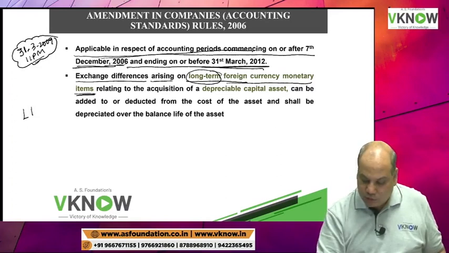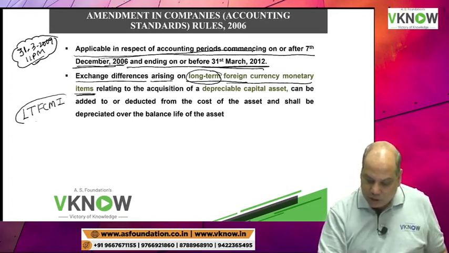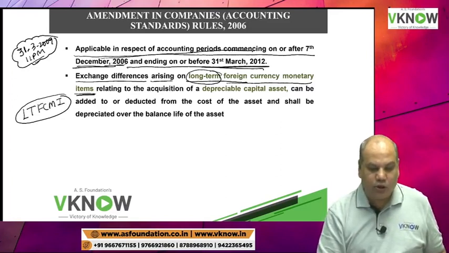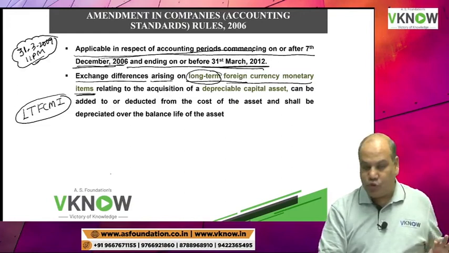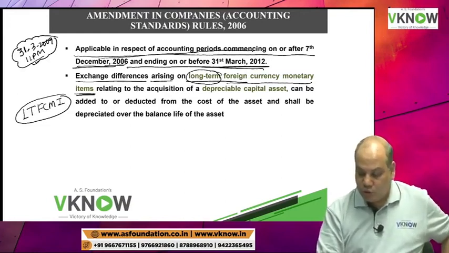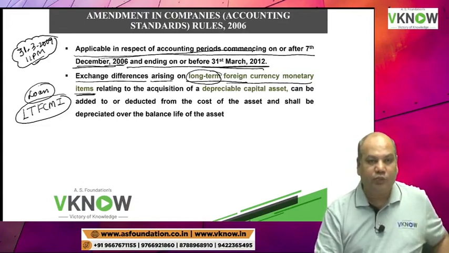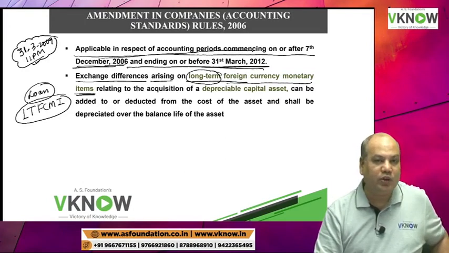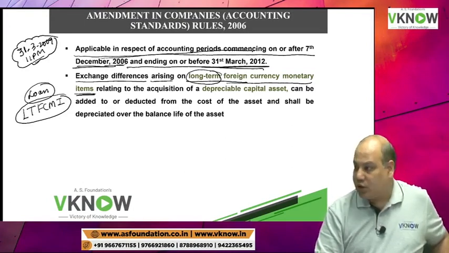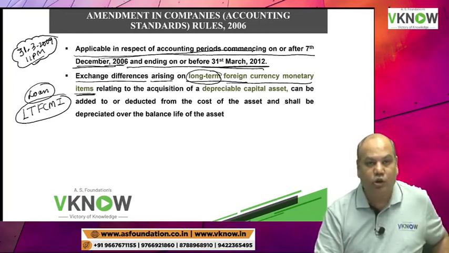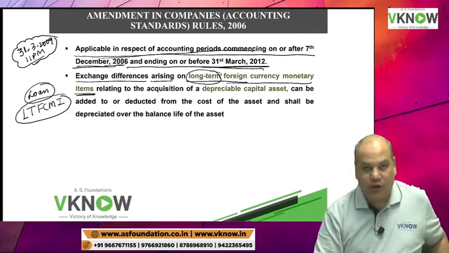So in short, we will call it long term FCMI, LTFCMI. So if suppose you have taken loan, loan is a long term foreign currency monetary item, if the loan is taken for more than 1 year.